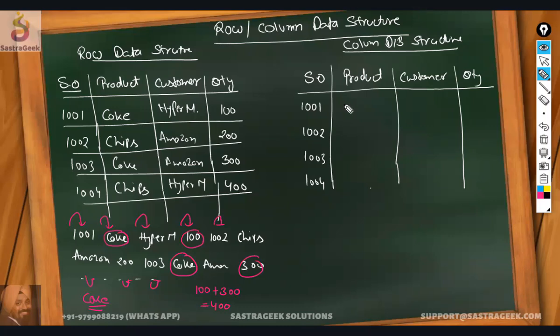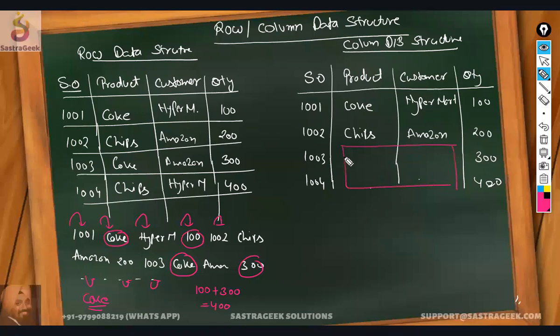So the system will record Coke, chips, Hypermart, Amazon. Since I have different quantities, the system will record 100, 200, 300, 400. You see here, this is the data which the system has not used, and this is the data which the system has saved.